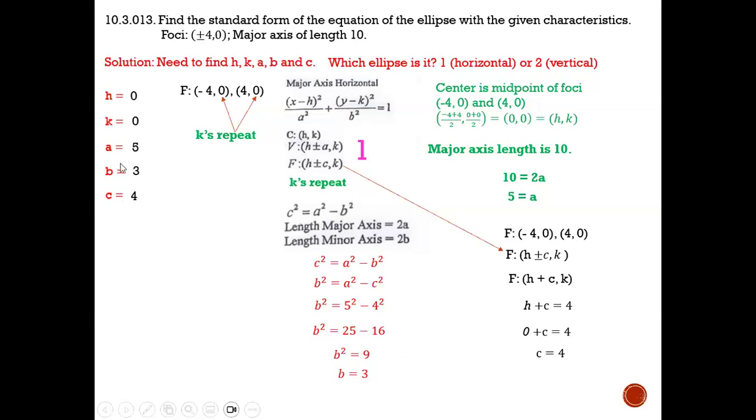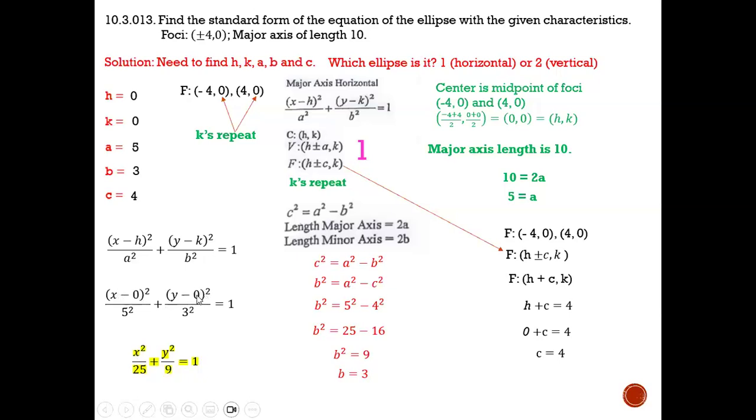So all of this information, H and K, A, B, C, is going to help me now find the equation for my ellipse. So here's the form for my equation. Plug in everything that I have now. I have my H and my K, which were 0. I have the A, which is 5 squared. I have my B, which is 3, so it becomes 3 squared on the bottom. And it equals 1. So simplify: x minus 0 is just x, so that just stays x squared.